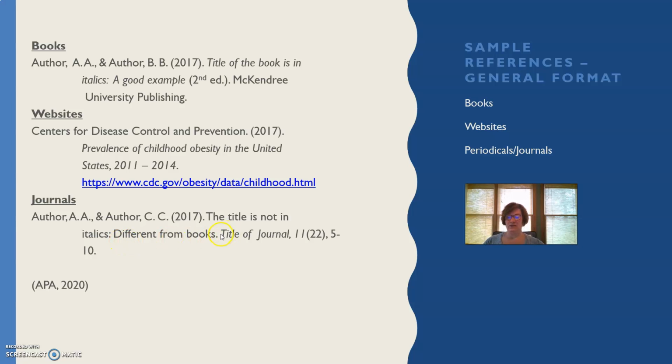And then the title of the journal is in italics, as well as the number that follows that. As far as the page numbers, you list them, but you don't need to put pp or p for page. You don't have that in the citation.